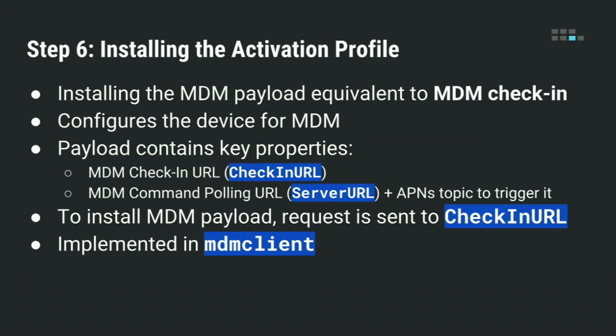First, there's going to be the check-in URL. That will be used in the immediate, as well as a command polling URL, which will be used later on. That also includes the APNS topic that you can use to tell the device via push notification to poll the command polling URL. So to install the MDM payload, in the immediate, a request is only sent to the check-in URL. This is, again, implemented in MDM client.